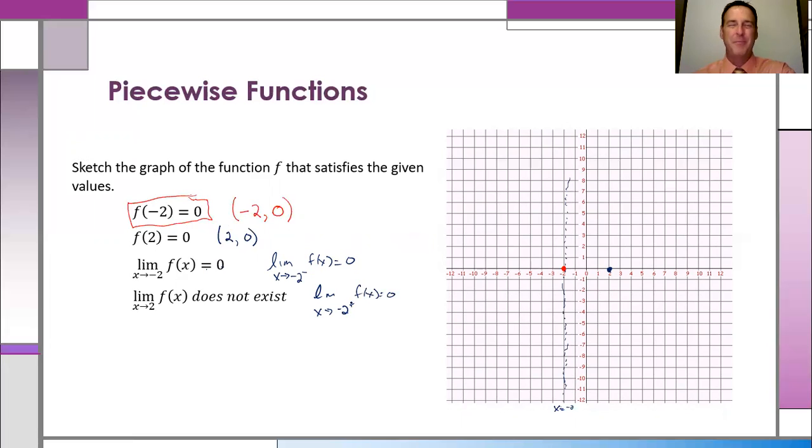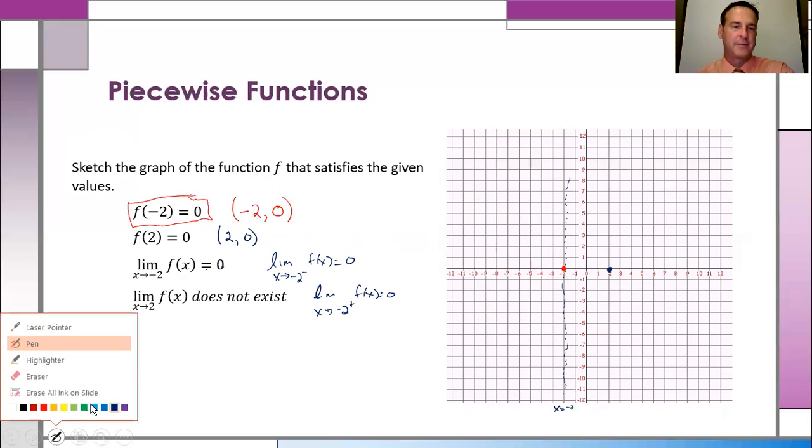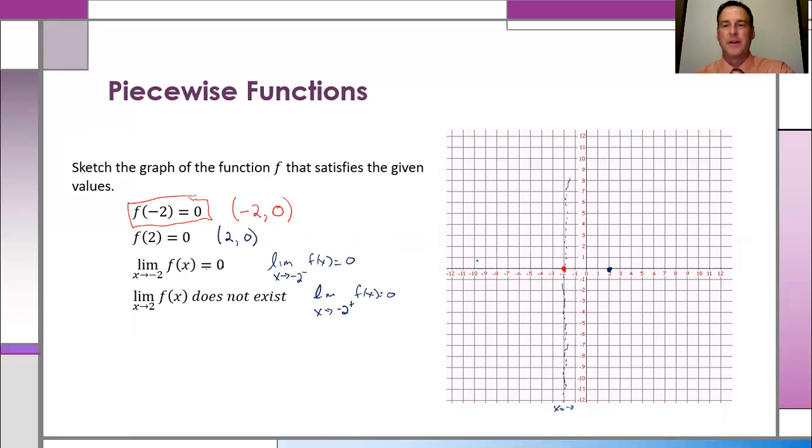You have to write that, not probably in this case, but it gives you an idea of what's going on. I'll use a different color here, green. From the left side of -2, it doesn't matter how crazy it looks, just as long as it's a function. And then also from the right, it must do that. Now, I don't want to go too far, because I have to address this point somehow. I'm just going to say it goes something like this.